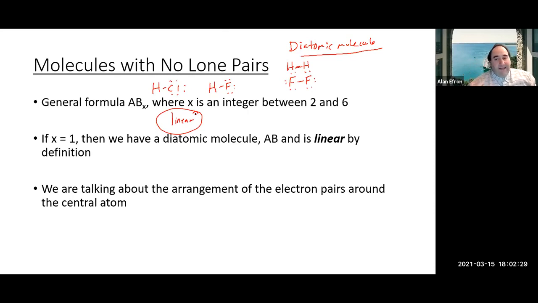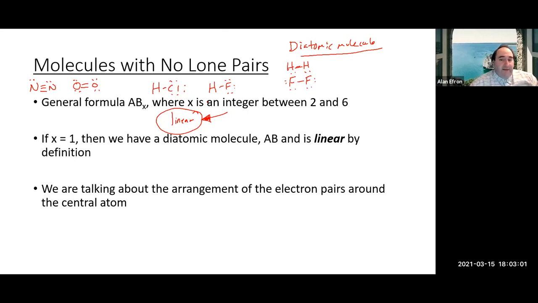It doesn't matter if it's two of the same thing, two different elements, a double bond, or a triple bond. As long as you see two atoms, your answer is linear, basically a straight line, kind of 180 degrees apart, though there's not really a third atom to make an angle like that.